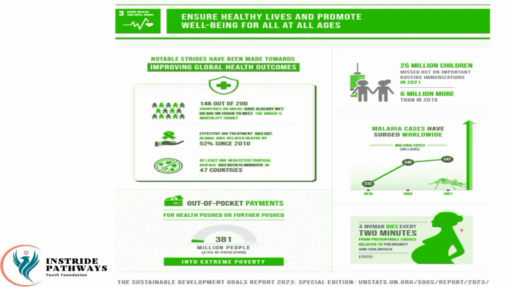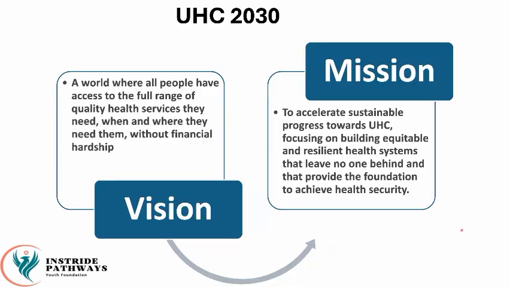So for us to achieve universal health coverage, we need to look at each of the targets, and each of the targets needs to be met for us to be able to achieve global health and well-being for every life on earth. And so universal health coverage has a mission and a vision for it to be achieved in 2030.